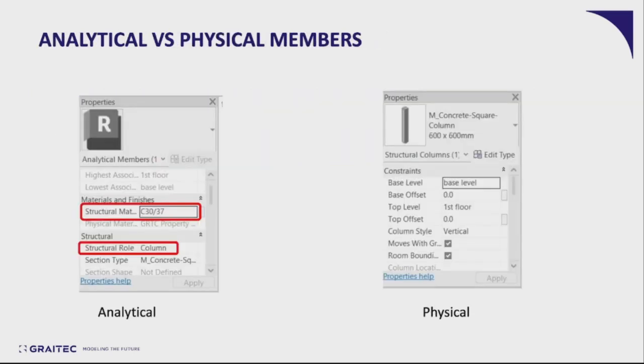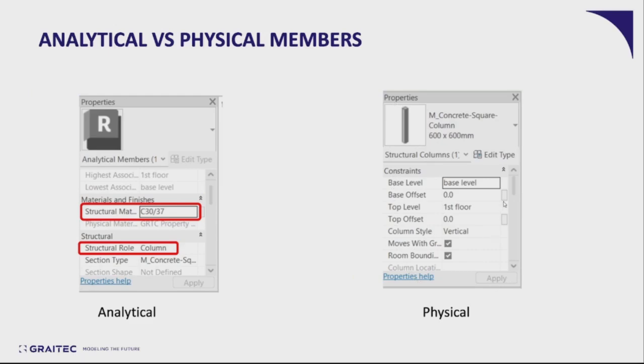Here are some examples between analytical and physical members when it comes to their properties. So selecting a member on a physical model, the property section is going to look like this.